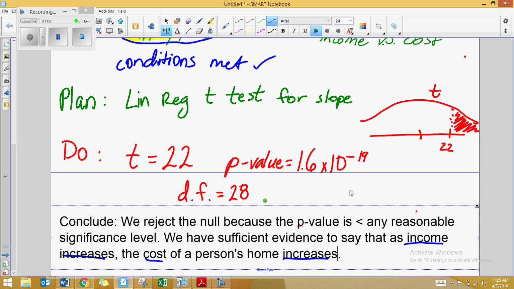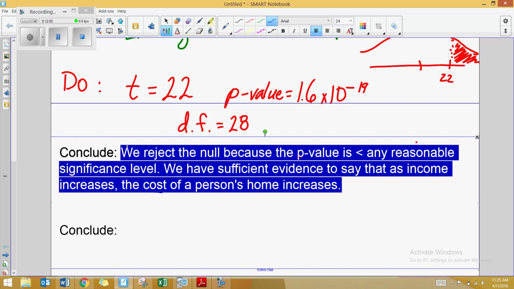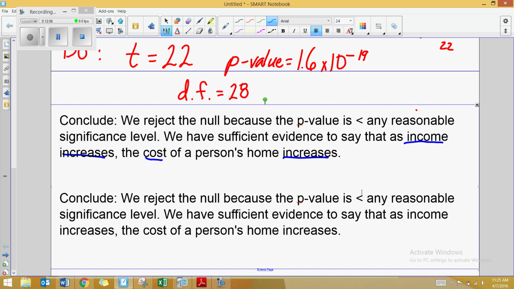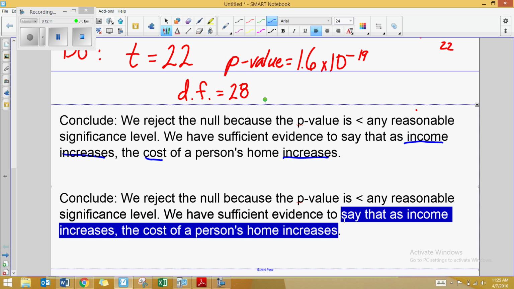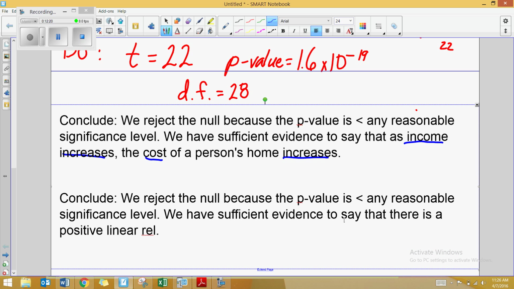Okay, I'll go ahead and just type a second conclusion up here for those of you that want more examples. So what we could have also said, we could reject the null because the p-value is less than any reasonable significance level. We have significant evidence to say that there is a positive linear relationship.